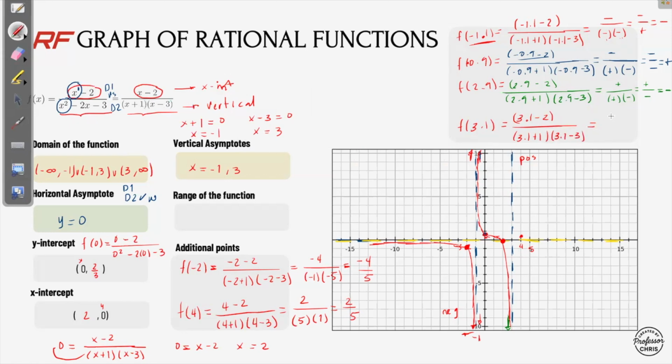So that is a positive number, and another positive number. If everything is positive, you end up moving in the positive direction and approaching the horizontal asymptote.